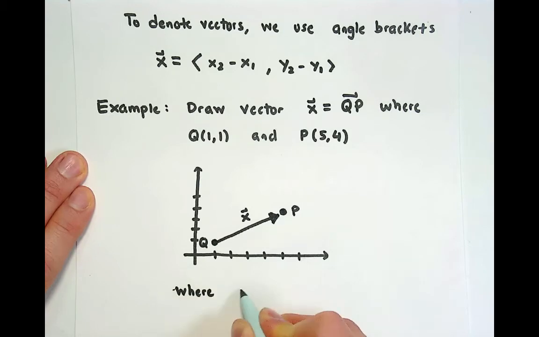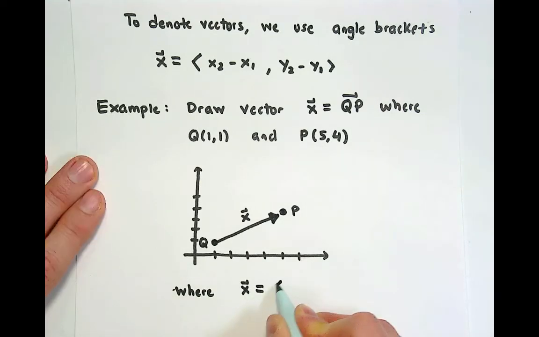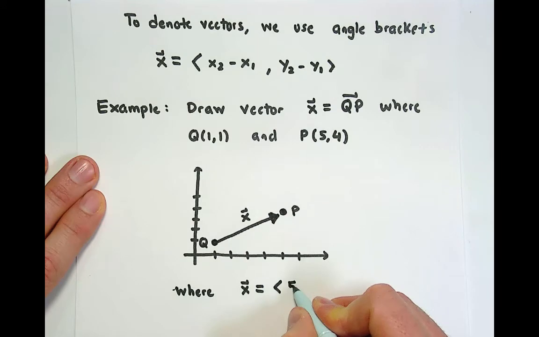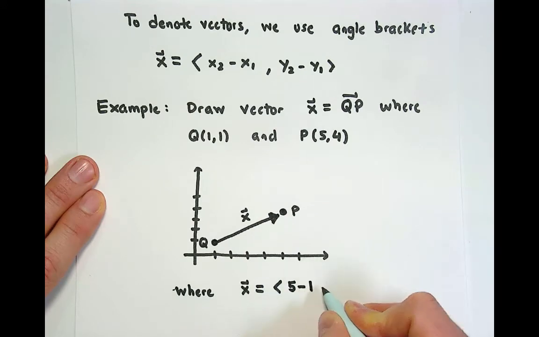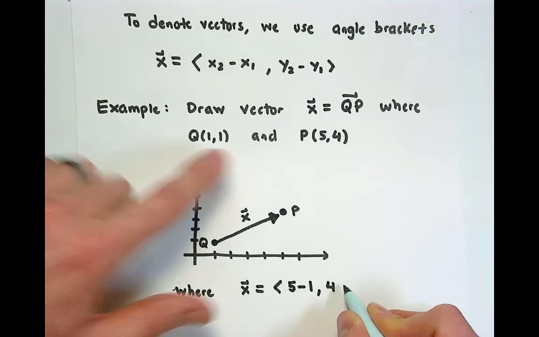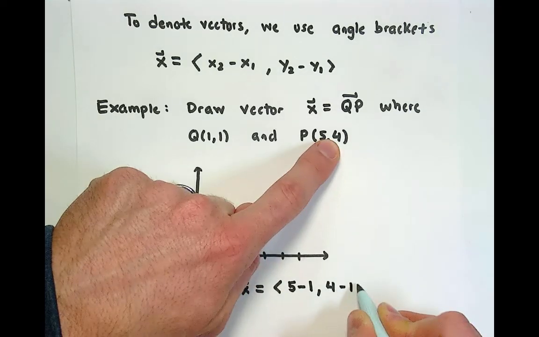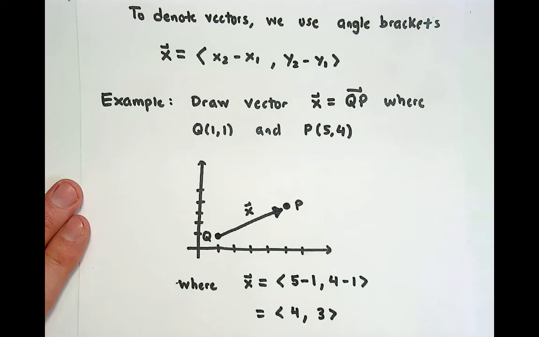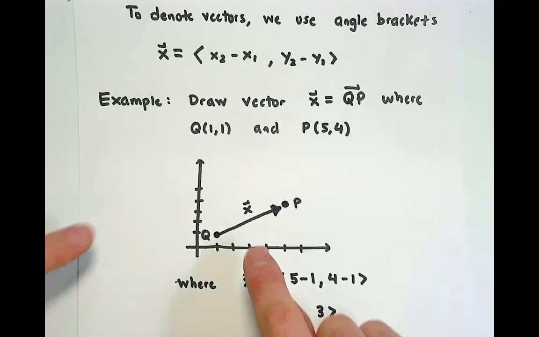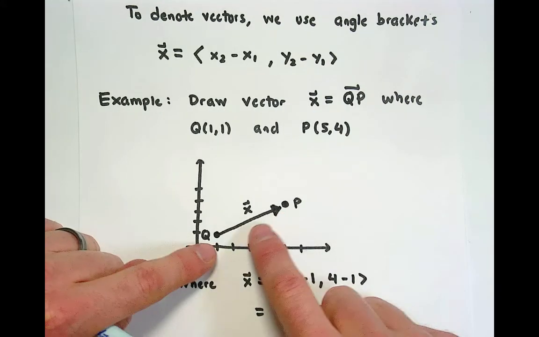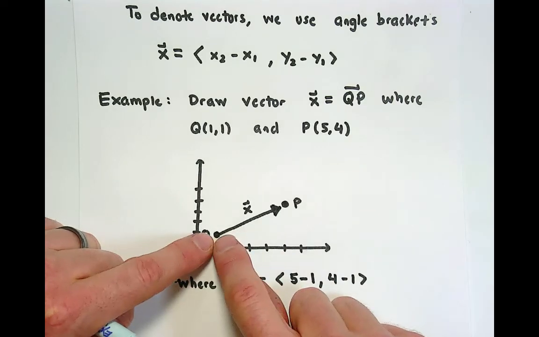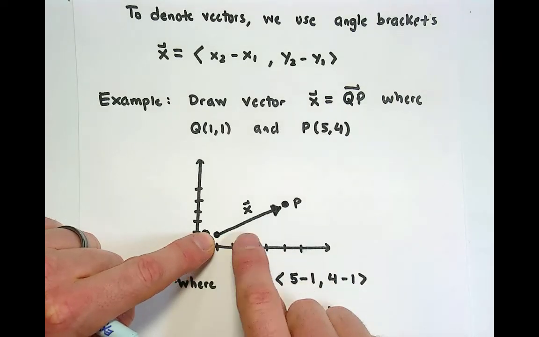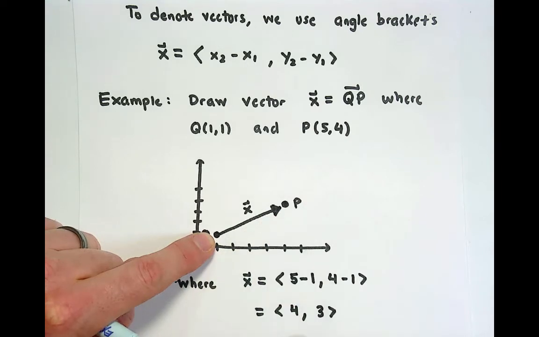And we can calculate x as the first coordinate of P minus the first coordinate of Q. And then the second component of x is going to be the second coordinate of P minus the second coordinate of Q, which gives ⟨4, 3⟩. Okay. Notice that this vector actually has many different things. It has an initial point, a direction, and the direction is encoded here.